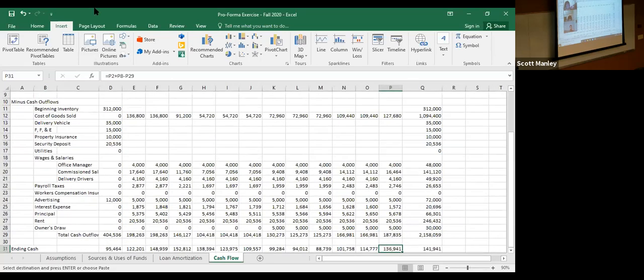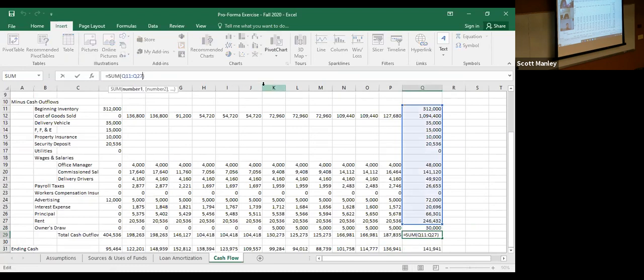If you look at your total cash outflows, mine did the exact same thing. The totals. Yeah, that total didn't pick up. It should be minus, this right here should be the sum through Q28. And all the way across, it doesn't work either. I thought it was weird.